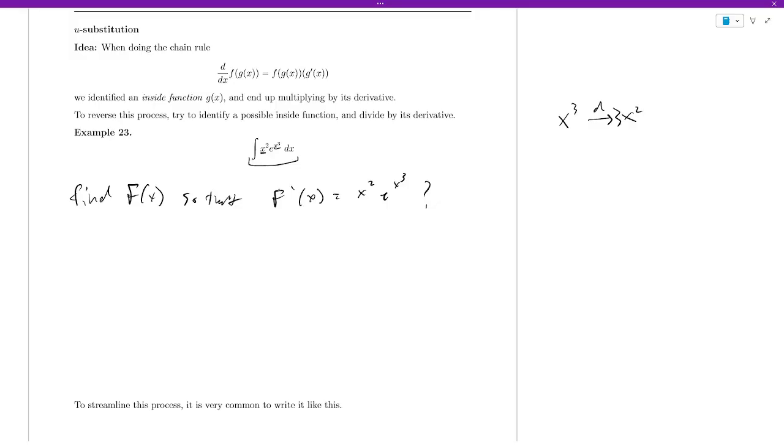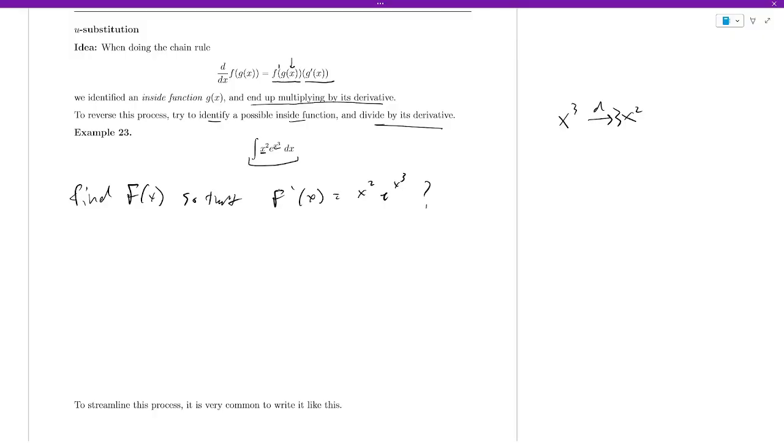When I did the chain rule, I had a product of two things, right? I identified an inside function, and I ended up multiplying by the derivative of the inside function. So here we're going to identify an inside function and sort of divide by its derivative instead, right?